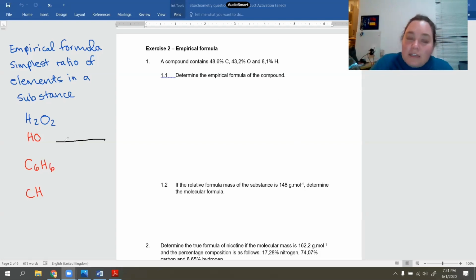But what will happen is, depending on how long it takes, we'll end up with little peaks telling us what masses we've got. So here, you'd know that carbon is 12, and oxygen is 16, and hydrogen is 1.